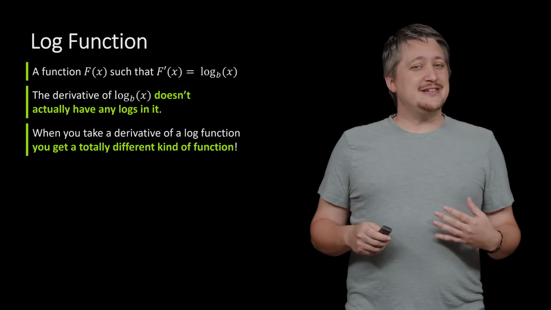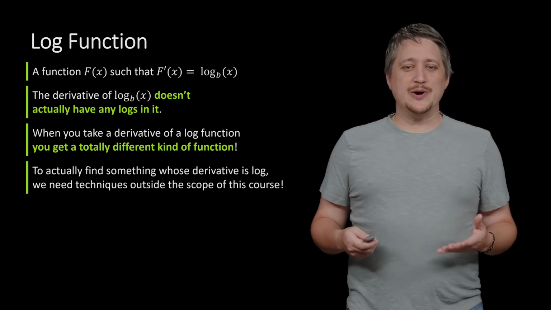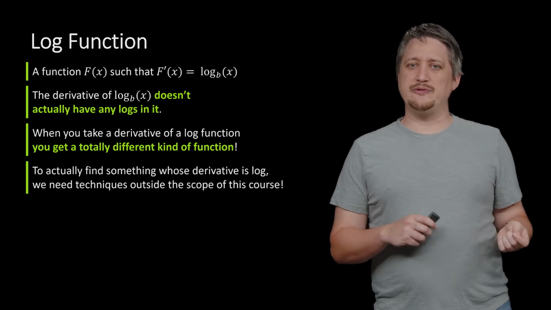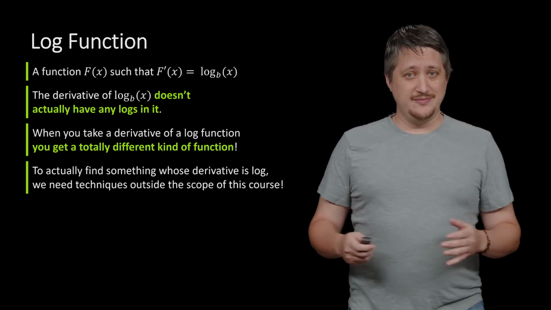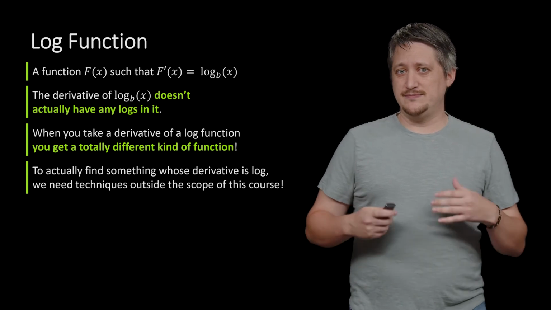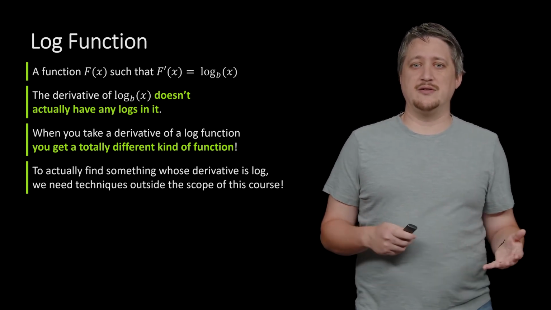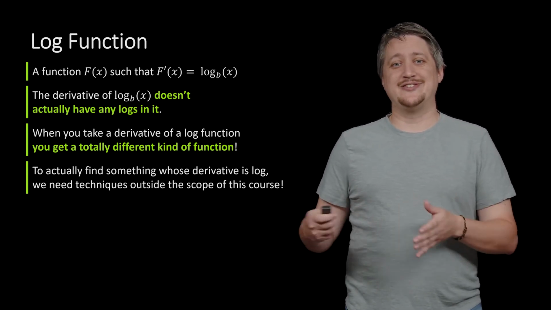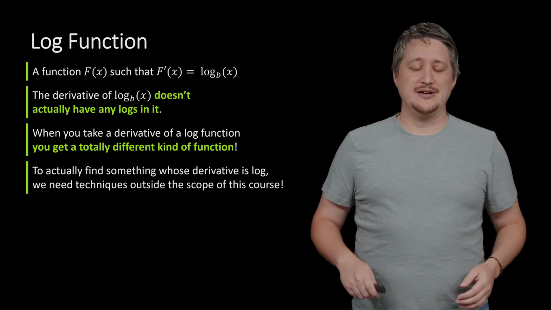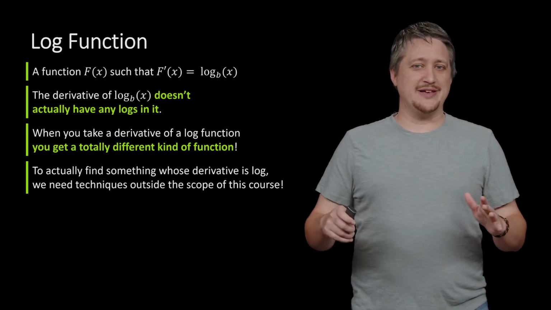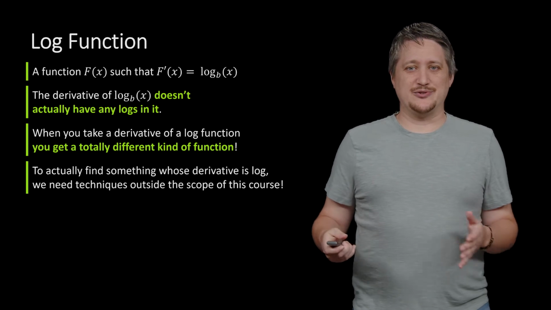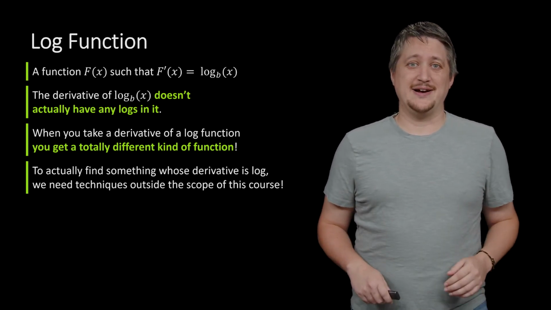And in fact, it's even worse than that. In actuality, finding a thing whose derivative is log needs surprisingly advanced techniques. This is something covered usually in the next calculus class, depending. Importantly, it's covered in techniques that are outside the scope of what we're doing right now.